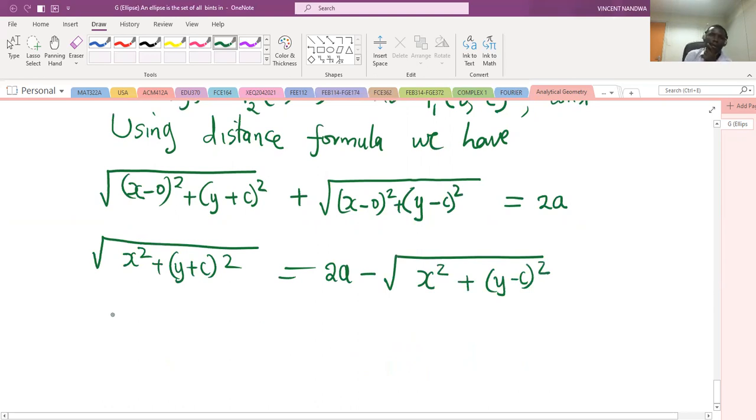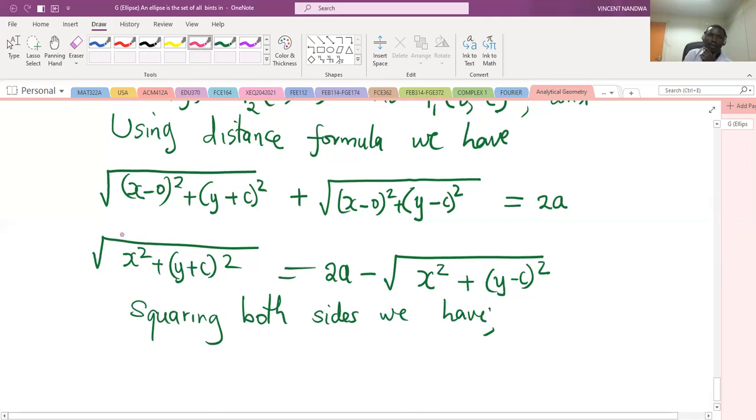To simplify this, we square both sides. So squaring both sides, you apply the square on this side and the square on this side.